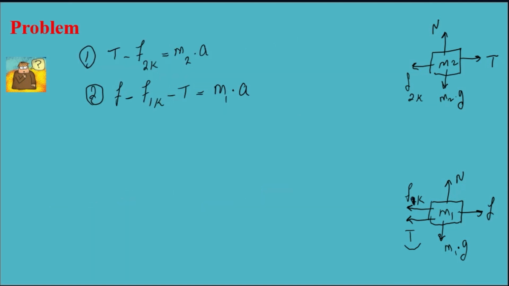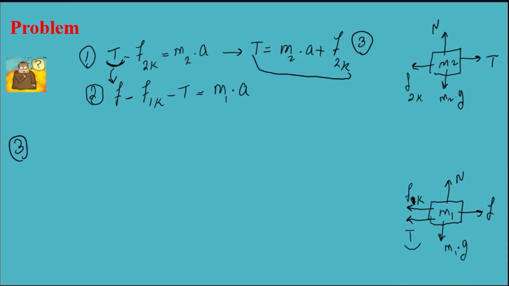So here I have two equations for M1 and M2. I'm going to find T from this equation, and then I'm going to substitute it in equation 2. So T from here is going to be M2 times A plus F2K, right? Now I'm going to substitute equation 3 in equation 2.